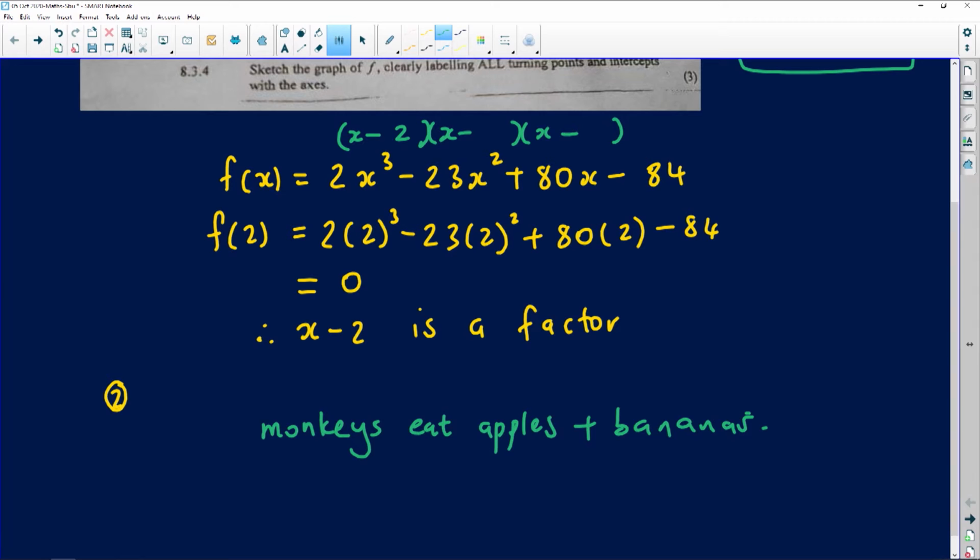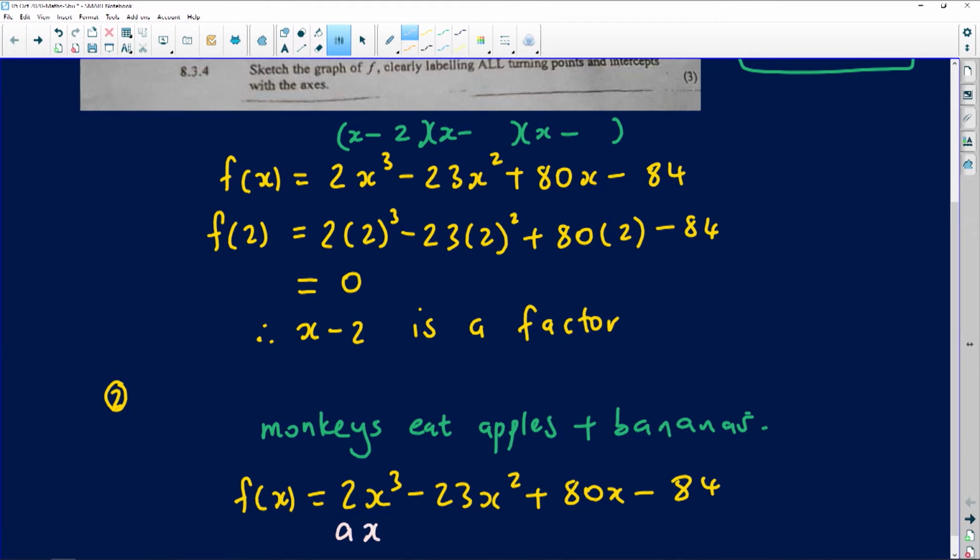Well, first of all, I need to tell you something very interesting about your cubic function. The cubic function that was given to us says f of x is 2x cubed minus 23x squared plus 80x minus 84. Now, you guys have to know by now that this is in the form ax cubed plus bx squared plus cx plus d.